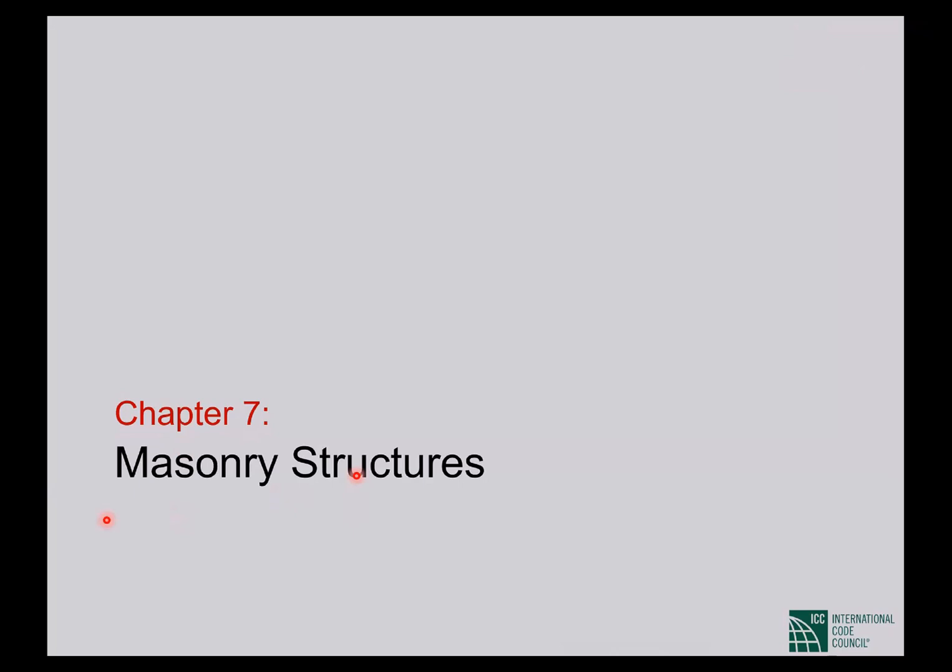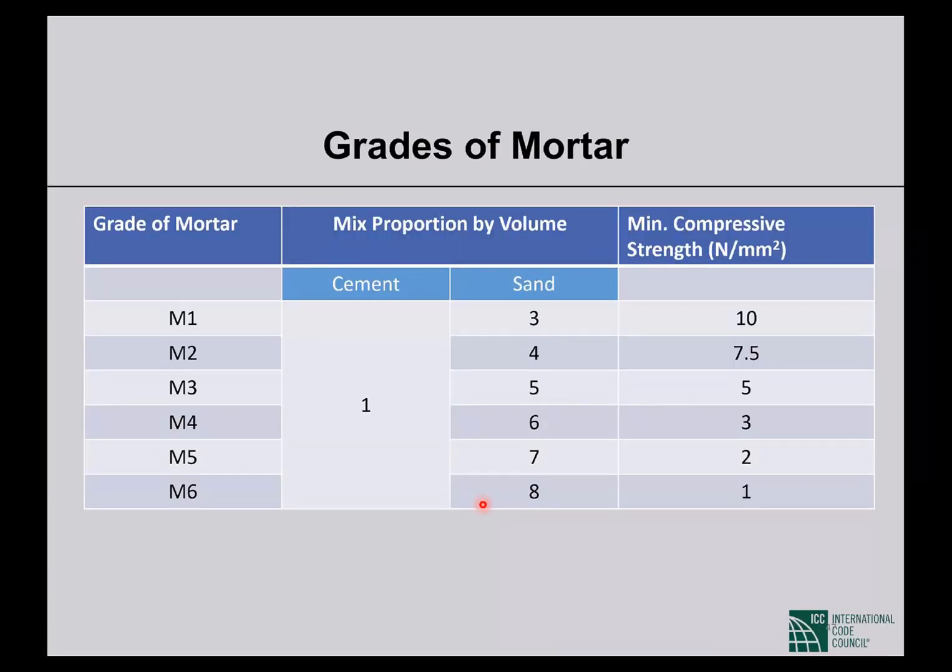Chapter 7, masonry structures. Masonry structures are more or less similar to the previous version. These are the classifications of masonry, depending on the cement sand ratio and the compressive strength.